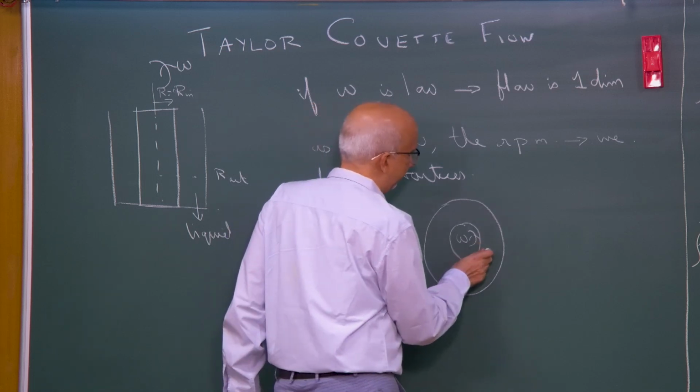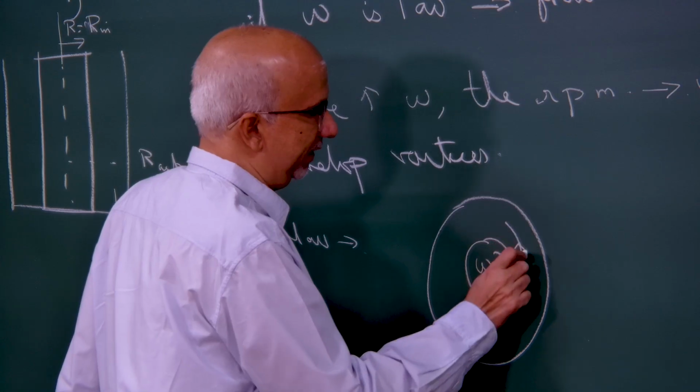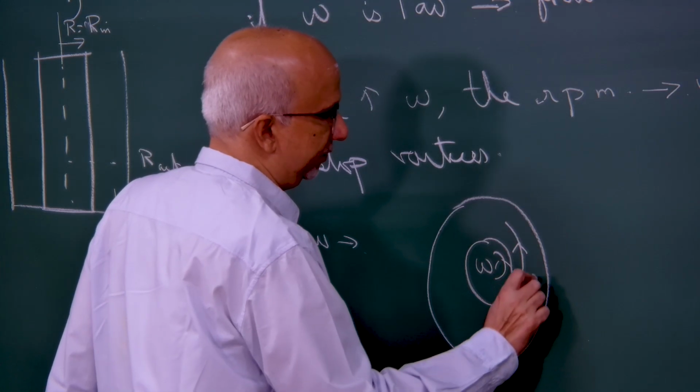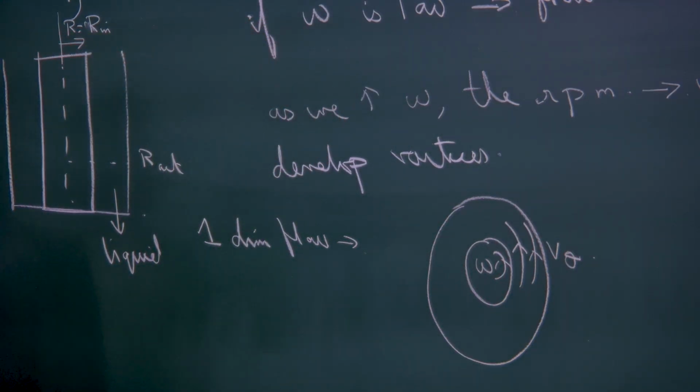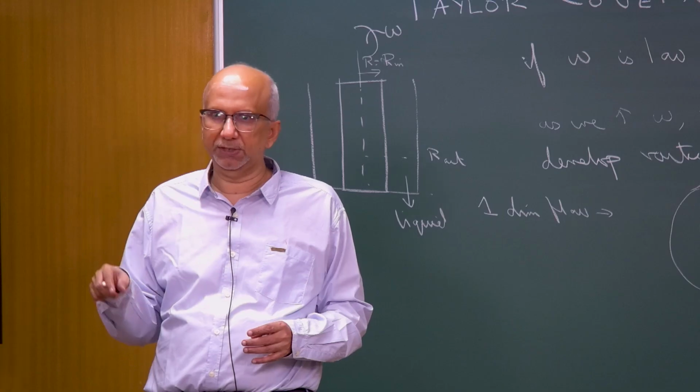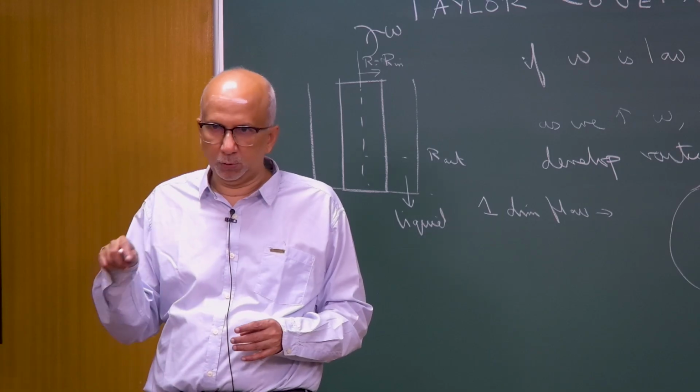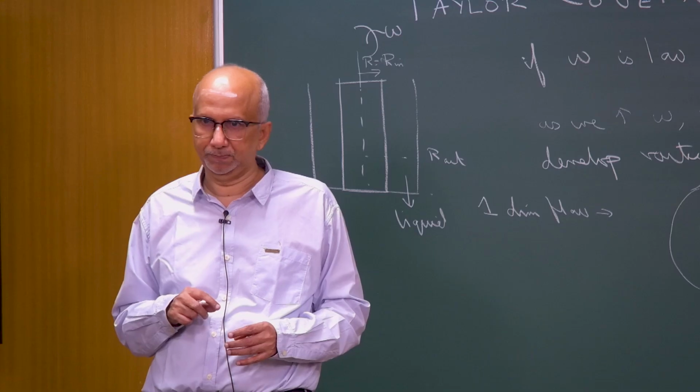The liquid is going to have only the tangential component of velocity, the theta component of velocity is going to be present. This is the 1D flow that we are talking about, okay. This inner cylinder is going to drag the fluid next to it, that will drag the fluid next to it, and so you get a velocity field, and the velocity component which I am focusing on is only the theta component of velocity. That is the only component which is going to be present.